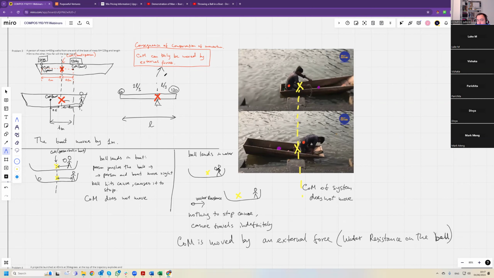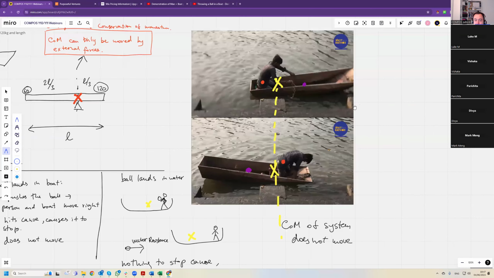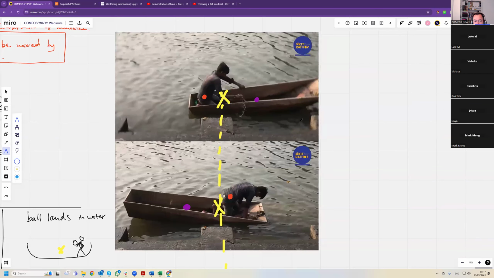All right. How well do you understand that the center of mass of the man plus boat does not move in this diagram, in this example? On a scale of 0 to 10 again, please.